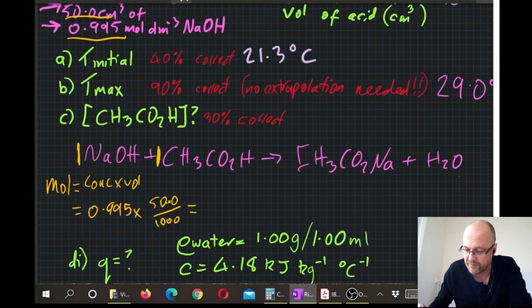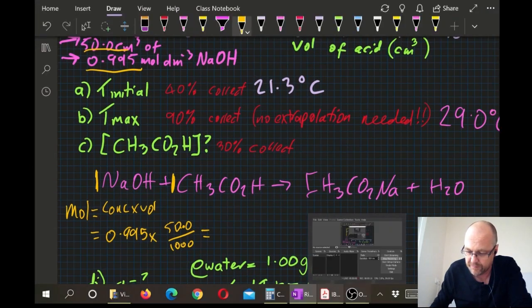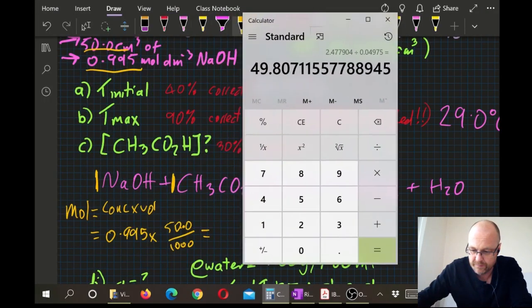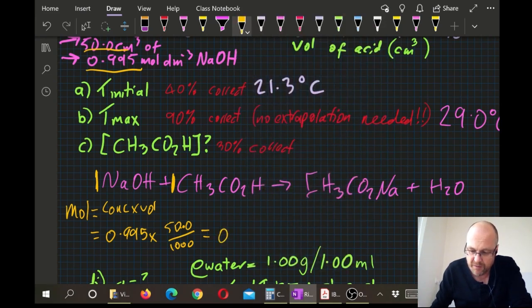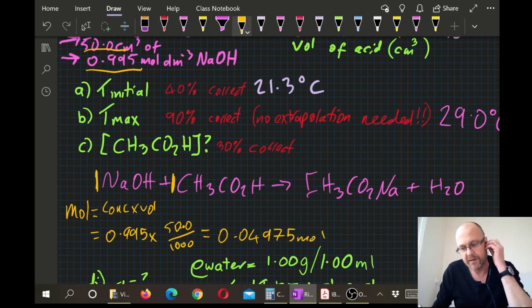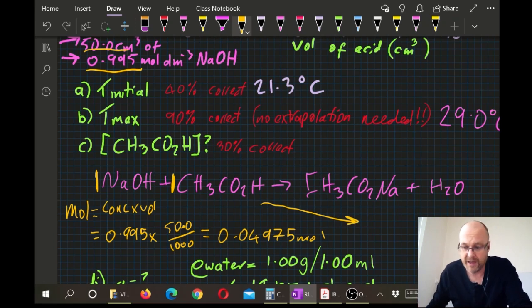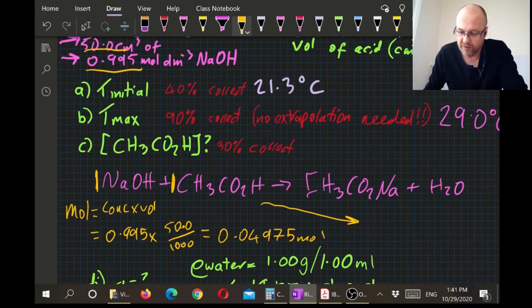Okay, let's do that calculation. 0.995 multiplied by 50 divided by 1,000. Okay, so that's my answer there. So I've got this many moles of sodium hydroxide. I also have that many moles of ethanoic acid, 1-to-1 ratio. So concentration is moles over volume.